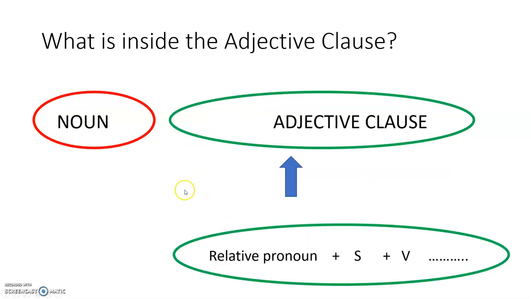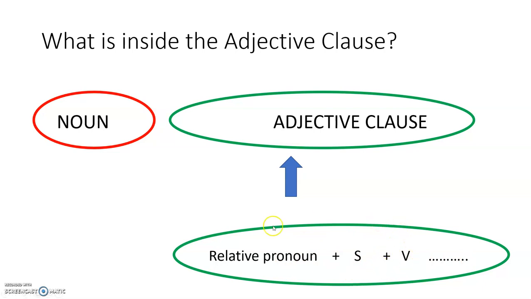And what's inside the adjective clause? Well, there's usually a relative pronoun. You'll see a list of those on the next slide, I think. And a subject and a verb, and often a few more words, right? A relative pronoun, a subject, and a verb.